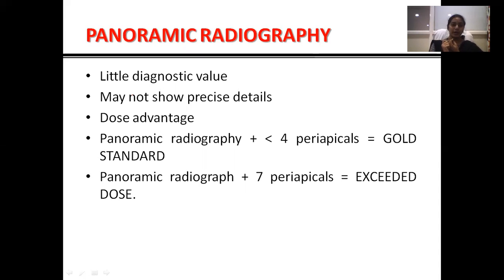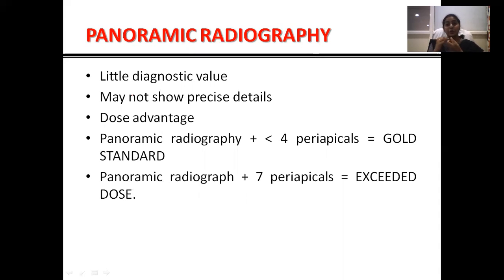An important point here is panoramic radiographs have less radiation exposure when compared to periapical radiographs. So there is something called the gold standard radiation exposure. If the patient has come to you with an already taken panoramic radiograph, and you take less than 4 periapical radiographs in the selected regions, then it is considered the gold standard for radiation exposure.